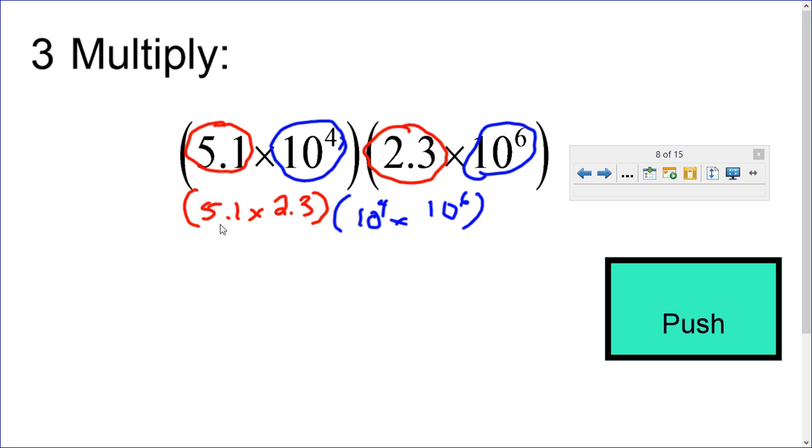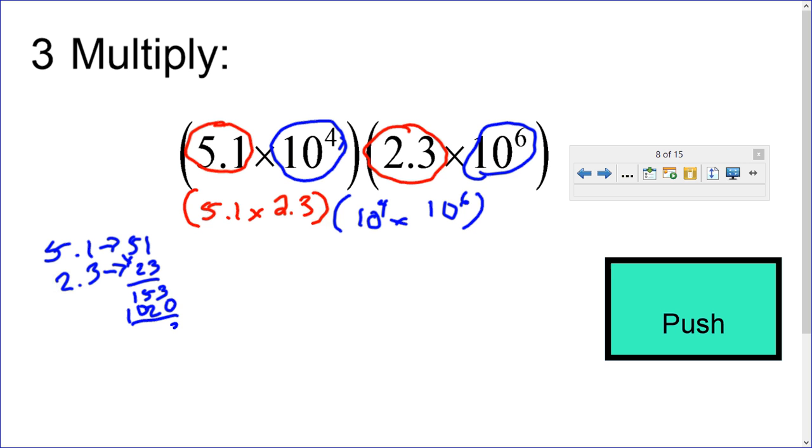So when I multiply 5.1 times 2.3, let's just review real quick, I'm going to multiply by just remembering I can make this look like 51 by removing the decimal, make this look like 23, and multiply those two numbers. 3 times 1 is 3, 3 times 5 is 15, put down my placeholder 0, 2 times 1 is 2, 2 times 5 is 10.